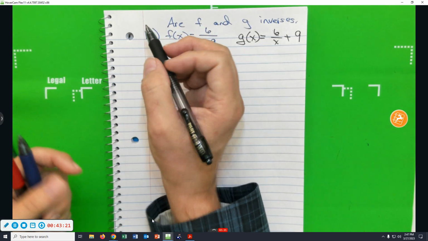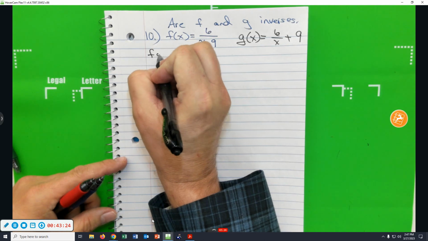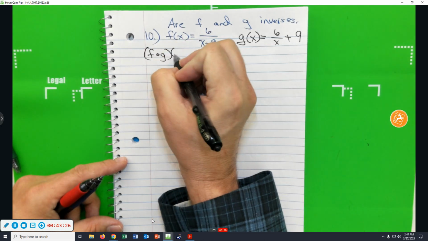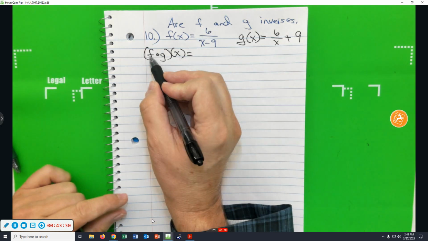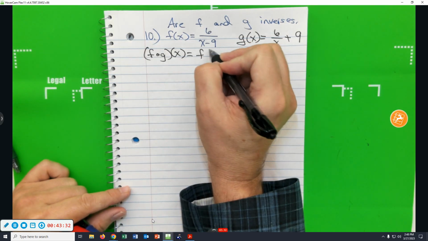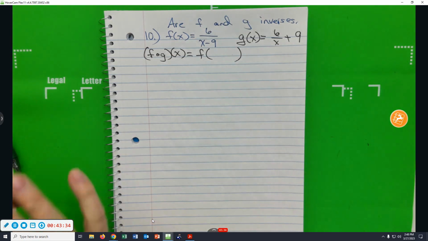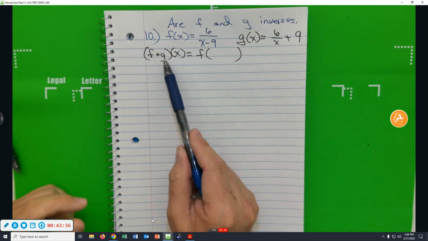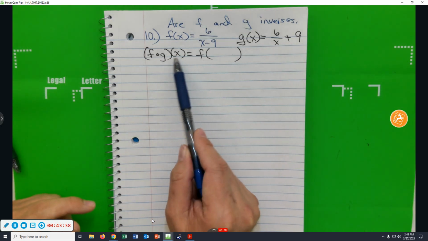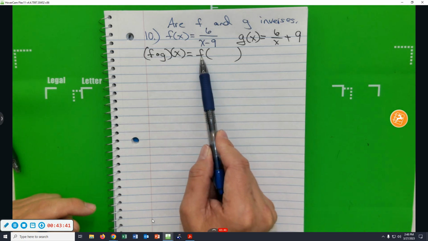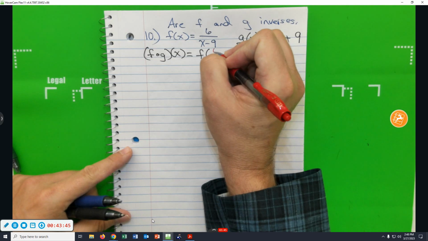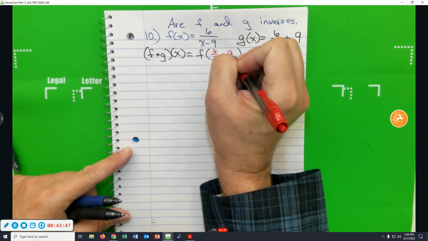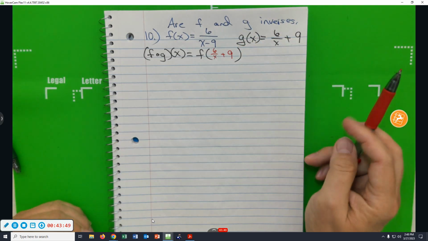Here we go. First of all, f composed with g of x. f is on the outside, and on the inside we have g of x. This stuff here, 6 over x plus 9, is on the inside.